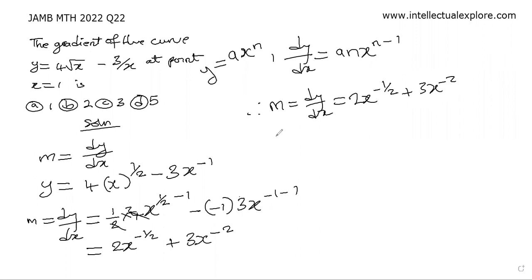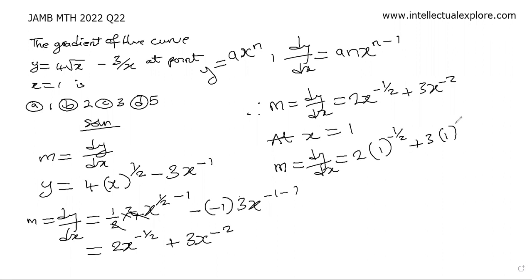So for the gradient at the point where x equals 1, wherever we see x in here, we substitute 1. So our dy/dx will now be 2 into 1 raised to the power of minus a half plus 3 into 1 raised to the power of minus 2. 1 raised to the power minus a half will be 1.